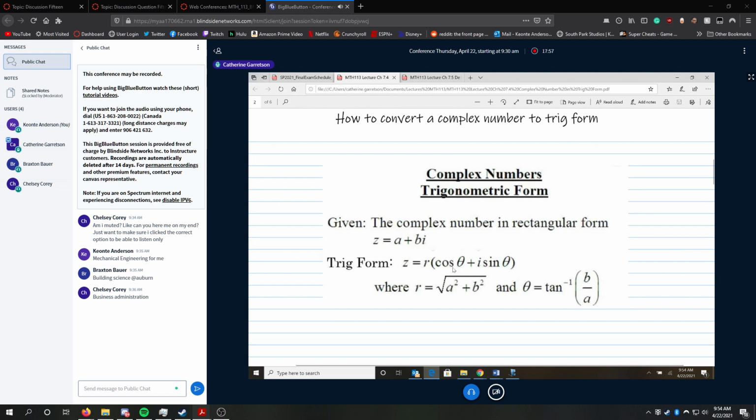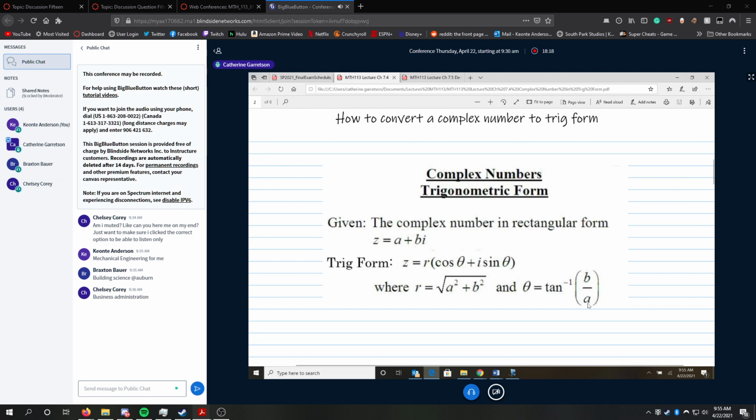Now I'm going to say the cosine of my angle plus i times the sine of the angle. So how do I come up with the angle? I'm just going to put the b over the a. So this is kind of like how we converted from rectangular to polar.